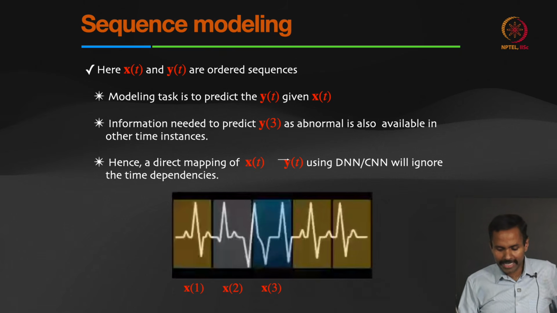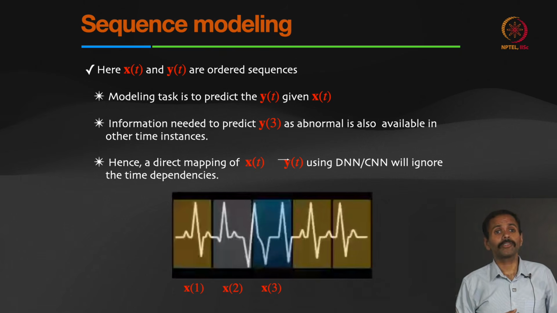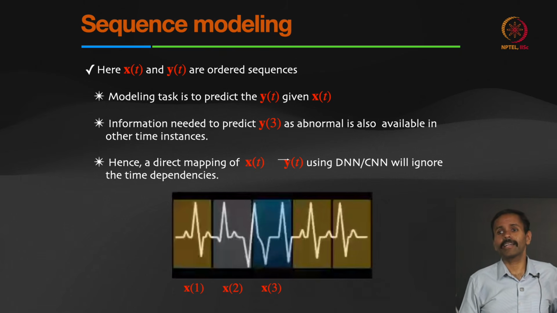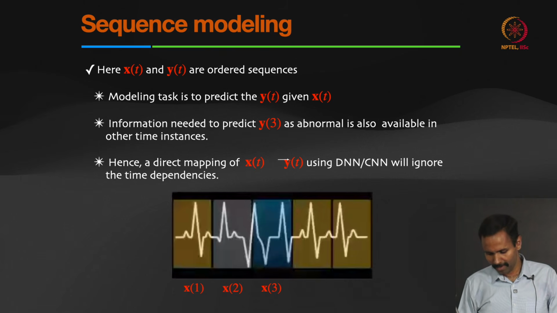So you already see some indicator from the instance at time 2 that things are becoming abnormal, and now you want to use not just that particular instance but also the neighborhood, the context that we define, to make improved decisions.